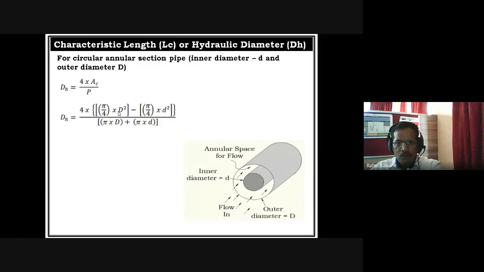So pi by 4 D square minus pi by 4 small d square is the cross section area of the annular space, divided by wetted perimeter.